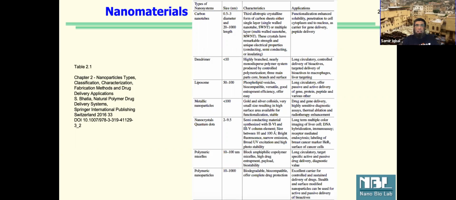And then there's another thing called micelles, polymeric micelles, and they are also entrapments. They can have layers and layers of chemicals in them made of polymers.